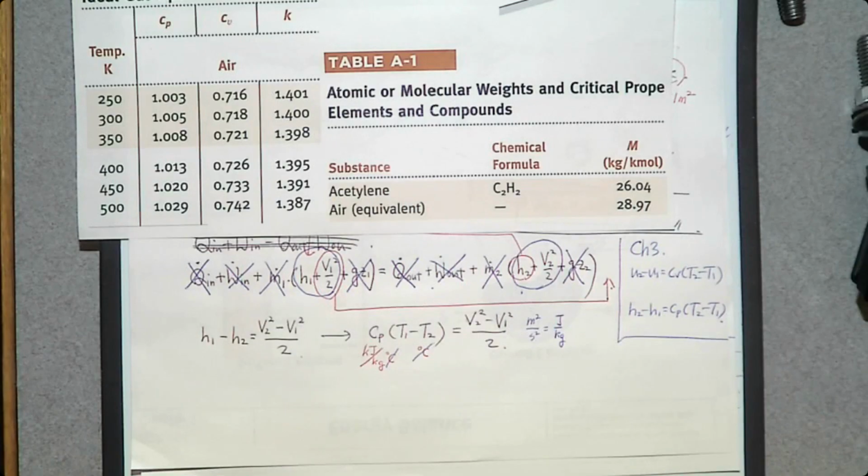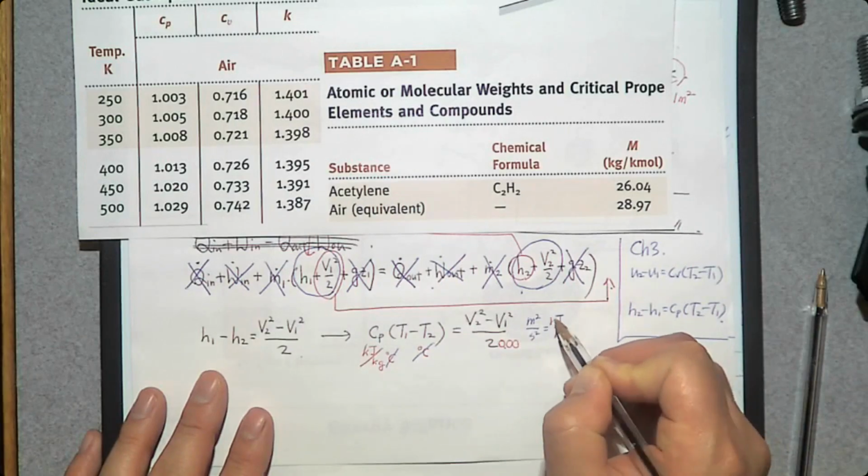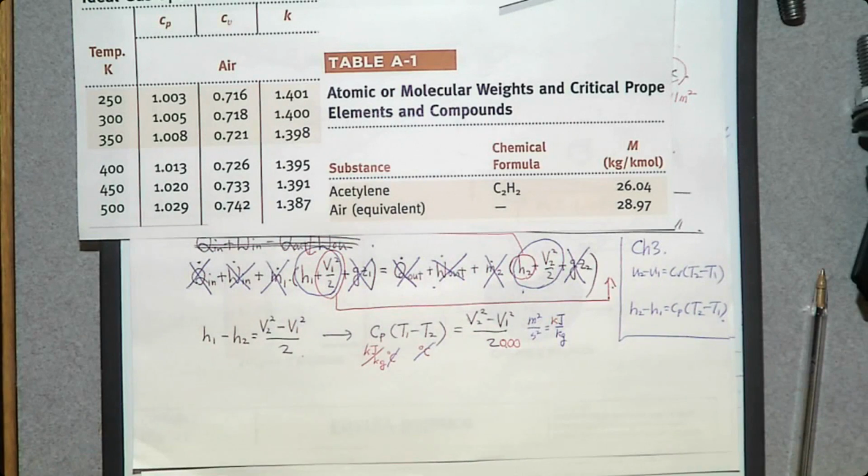And let's look at the unit on the left-hand side. Joule per kilogram? No, it is kilojoule per kilogram. This is joule per kilogram. So you need to be careful. If you want to use kilojoule per kilogram, make sure that you divide by not 2, but 2000. Then it's going to be kilojoule. Many people make a mistake here in the unit conversion.